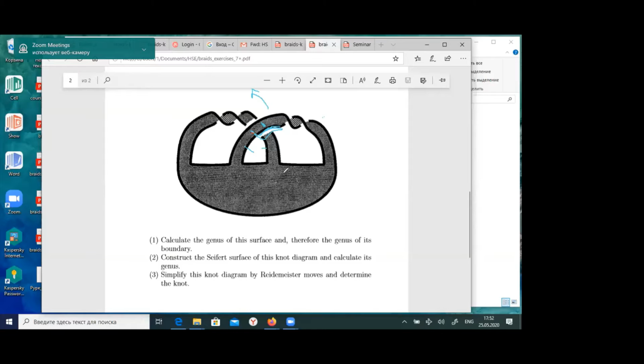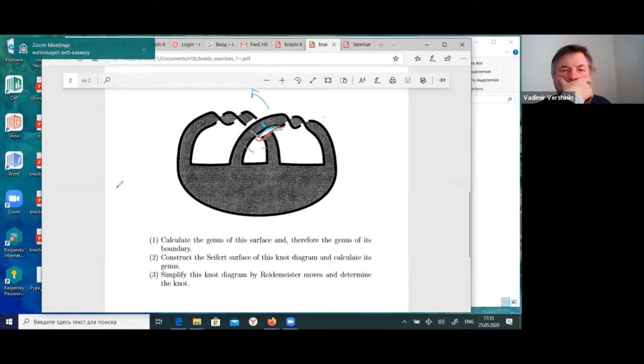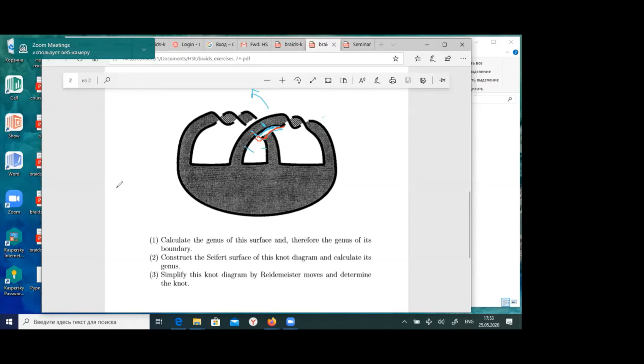Maybe try to move this line up in this direction, down of this line and this line.